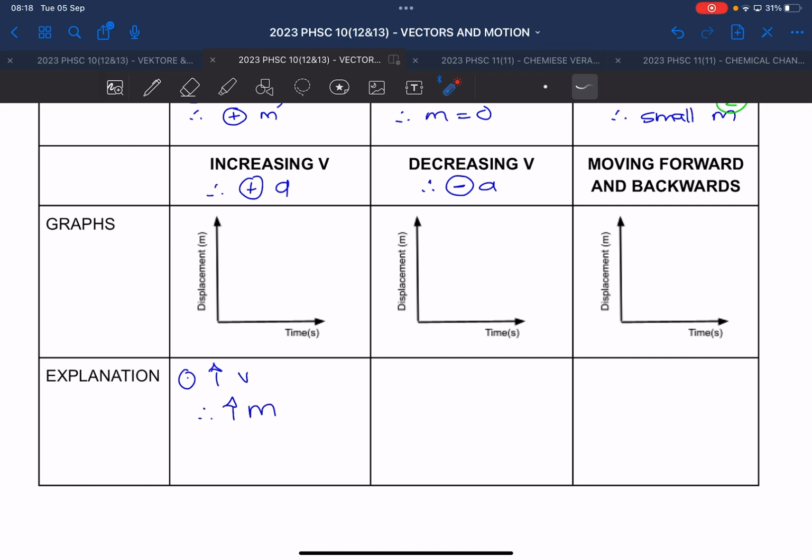Rory? Yes, it's going to curve like that. So that means not a straight line, but curved. Okay, so what will a decreasing speed look like?